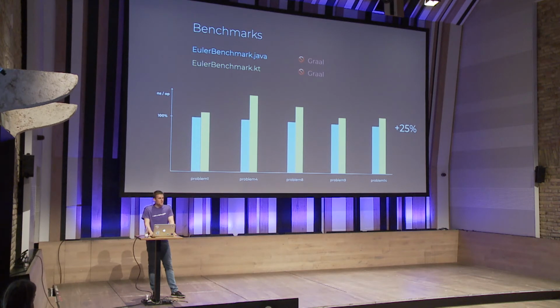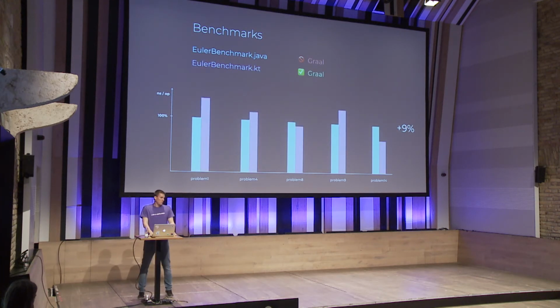And let's see what happens if we are using the Graal compiler. As you can see, Java is still faster, but the difference between the two benchmarks is much smaller. Also, in a few of the benchmarks, GraalVM beats the Java implementation. So this is nice.